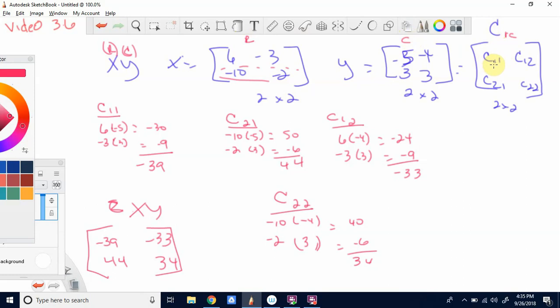So for this element, you're going to take row 1, 6 and negative 3 times column 1, negative 5, 3. Find the product and then take the sum of those numbers, and so on and so on. All right, pause it and try guided practice 2, and we'll see you in a second.